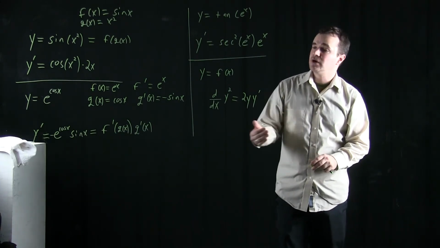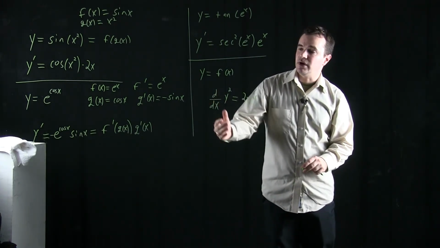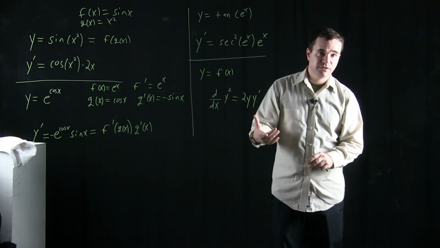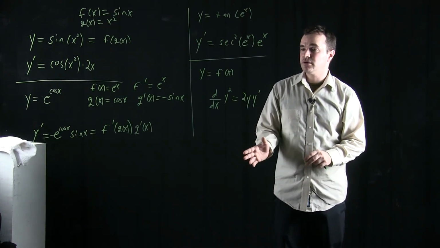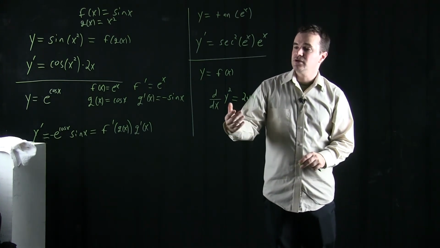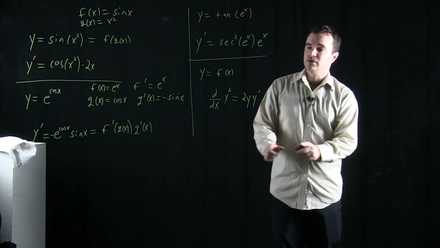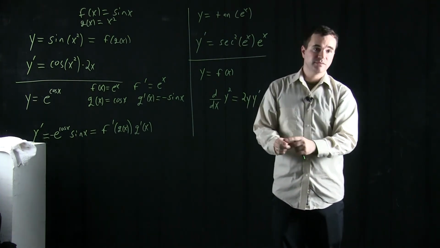That would be true if you had d over dy. It would be true if you were taking the derivative with respect to y. The answer would be 2 times y, but that's not what's happening here. You've got y squared. You're taking the derivative with respect to x. So you need to use that chain rule. You're going to get 2 times y times y prime.